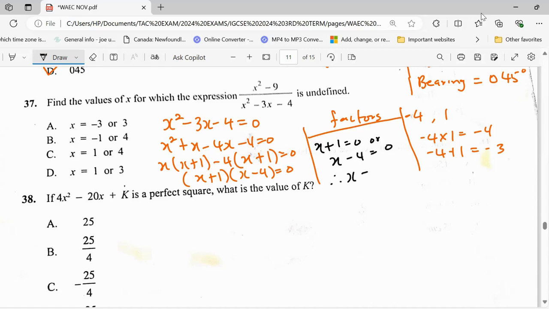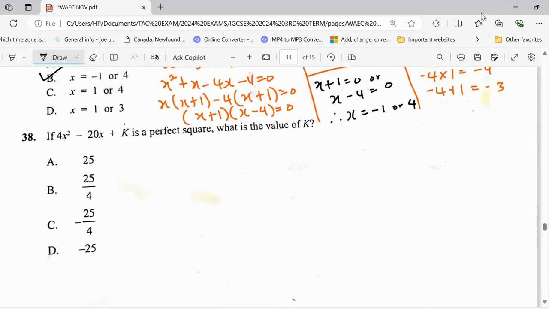Therefore, x equals minus 1, or cross this over, you have 4. x is minus 1 or 4, which is option B. So we mark option B and we proceed to question number 38.